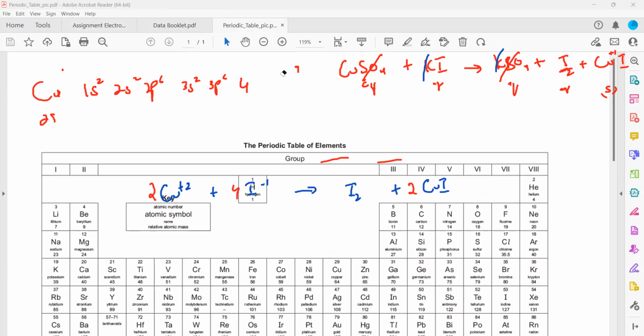We arrange them in terms of order, so it will be 3d9 and 4s2, because 29.